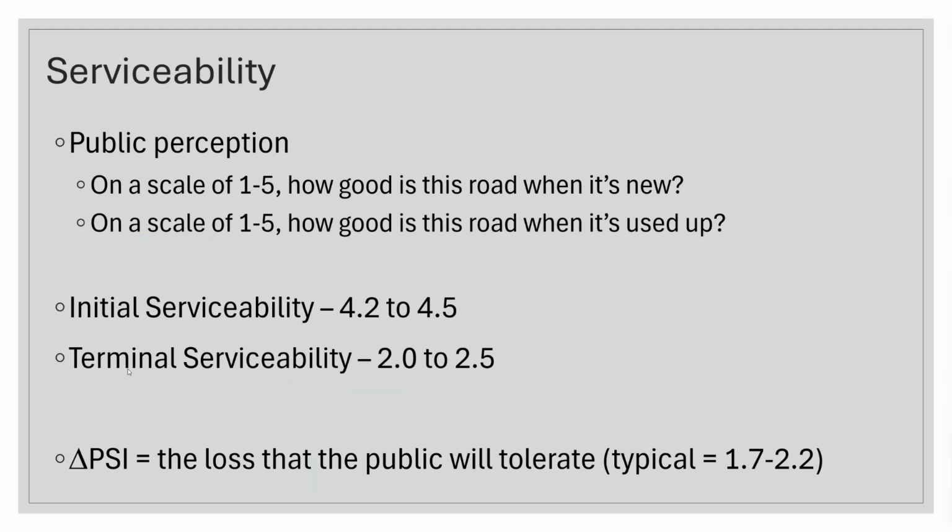Now, the number that we're actually going to use in the calculations is the change of serviceability, which is the loss that the public will typically tolerate. So if we're starting at a level of, say, 4.2 and going down to a 2.5, that's a difference of 1.7. And folks will typically tolerate anywhere from 1.7 serviceability loss down to 2.2.